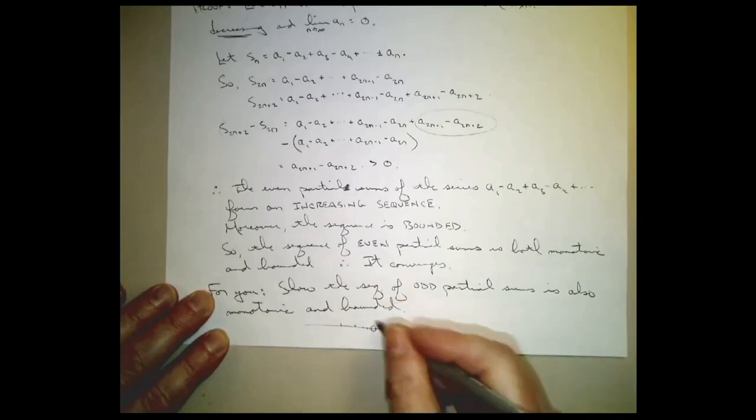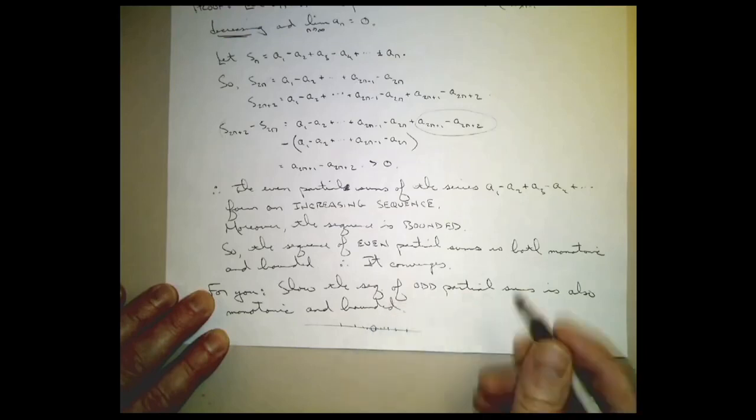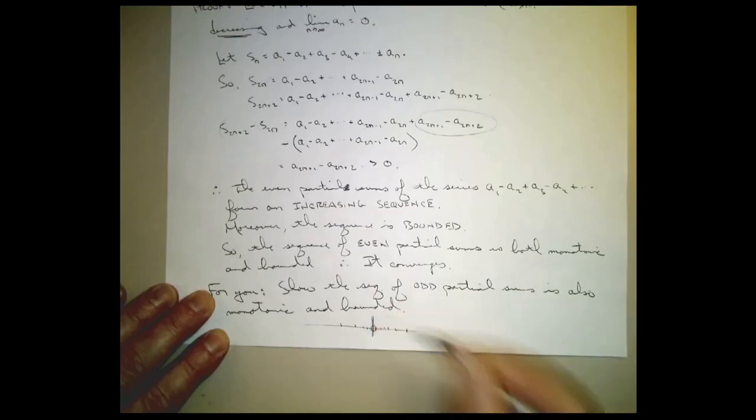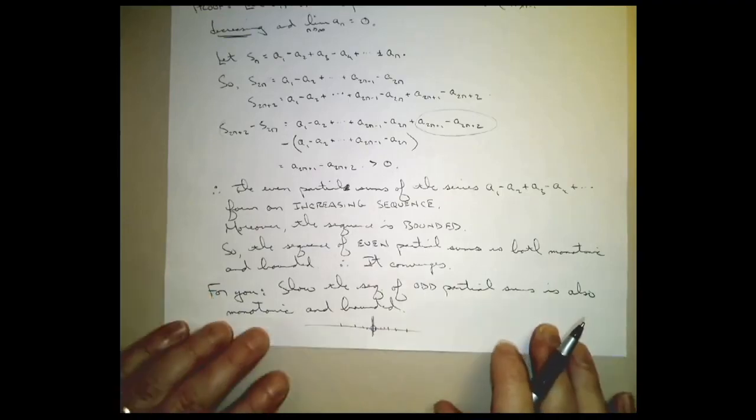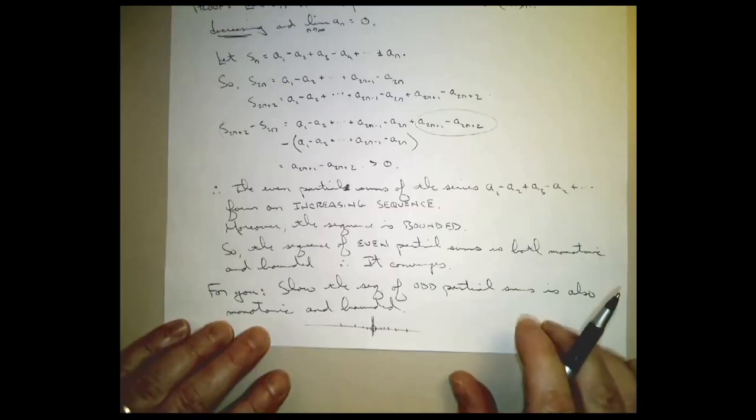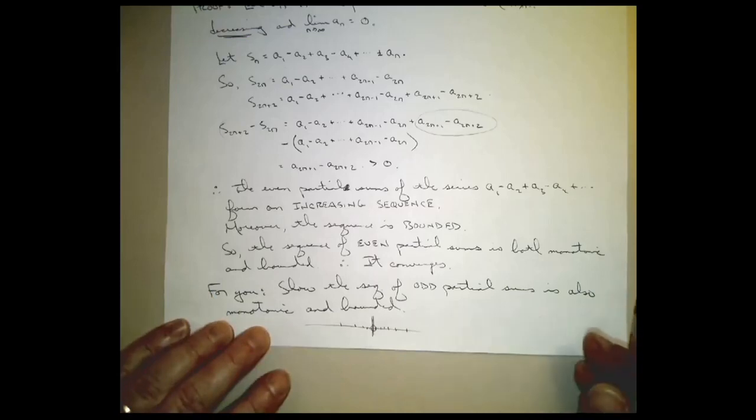And since they are getting close together, these must be converging to the same number. And that's a bit of a hand-waving proof of the alternating series test.